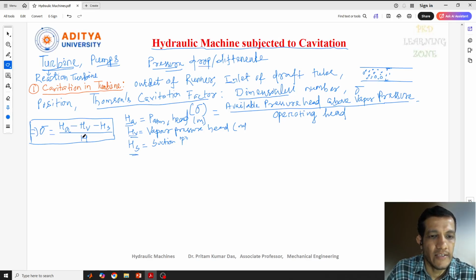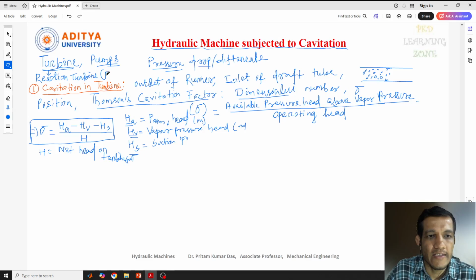Once we identify these, H is the net head, or we can say the operating head. So here H equals the net head on the turbine. So this is also in meter. Okay, so one more thing, in the reaction turbine we have two types that we used to discuss.